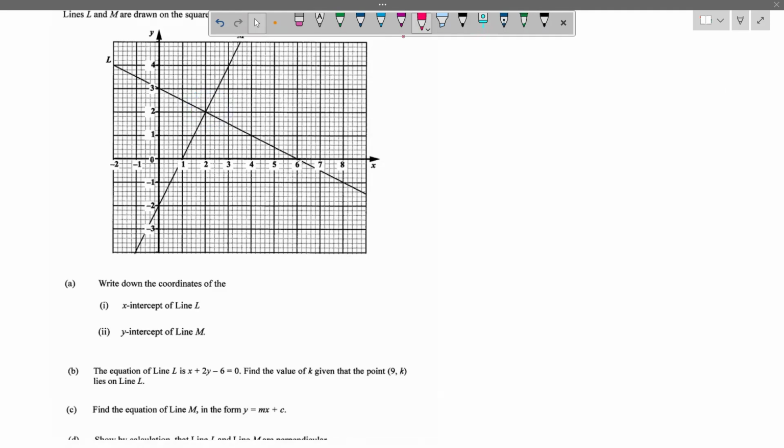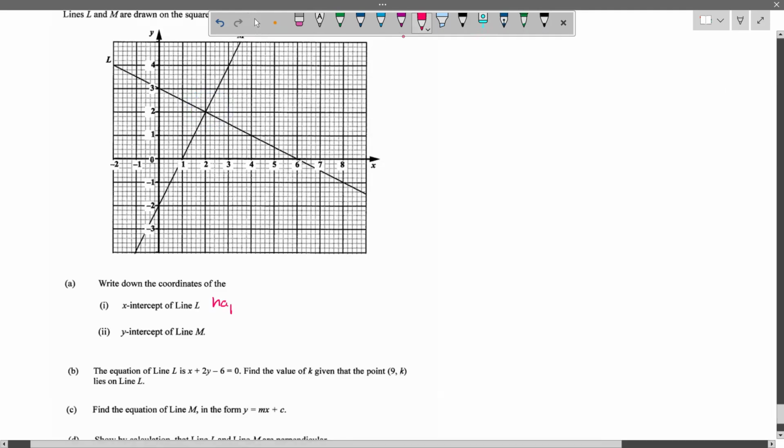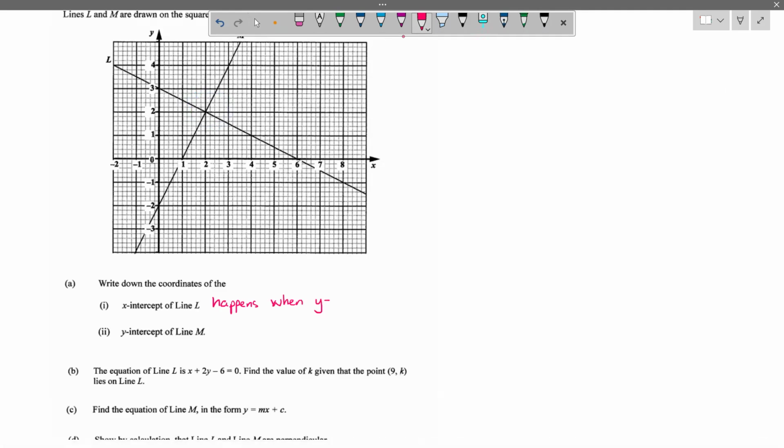The x-intercept happens when y is equal to 0, or where the line cuts the x-axis. Now, they like to ask this question, so there's nothing to work out really.